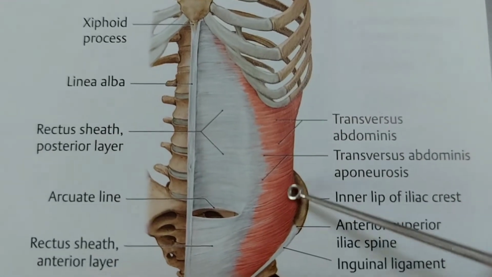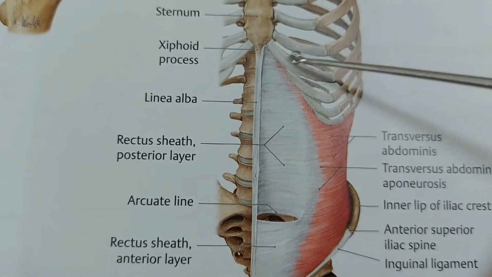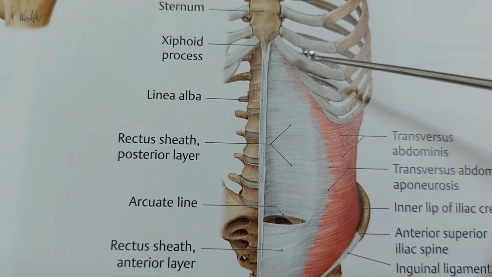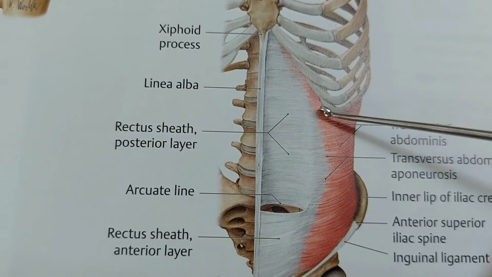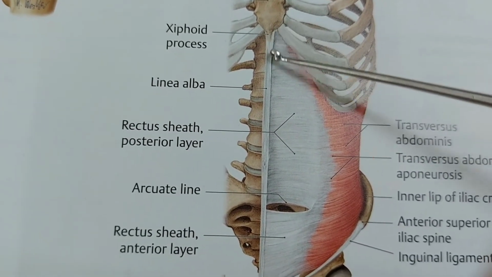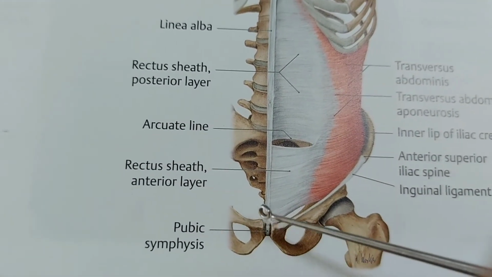It also arises from the thoracolumbar fascia and the lower ribs. This is the origin of the transversus abdominis. Finally, this muscle inserts in the xiphoid process, linea alba, and the pubic crest.